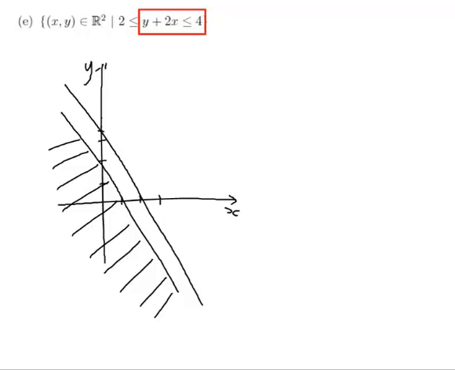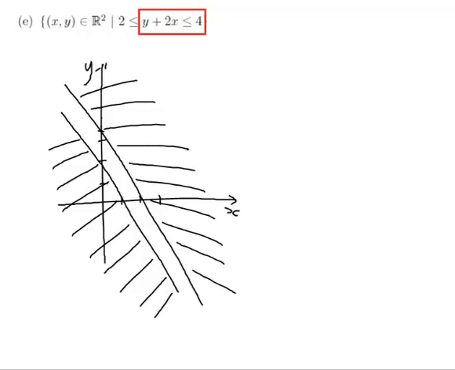Okay, so let's see. If 0 is going to be in that set, 0 plus 0 is less than or equal to 4. So the origin is part of the set I want, so I don't want the bit above the line. So the set I want is the part between those two lines.